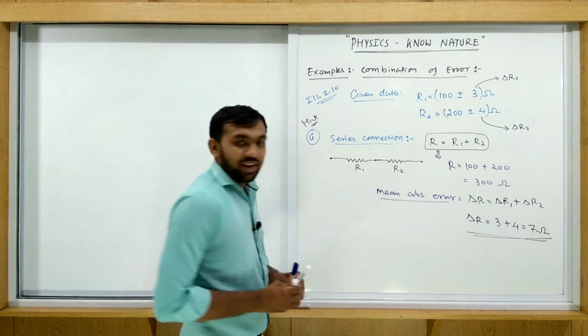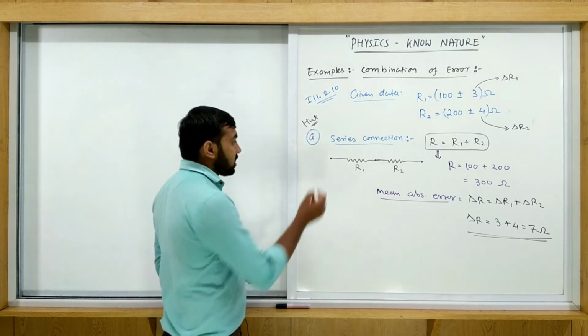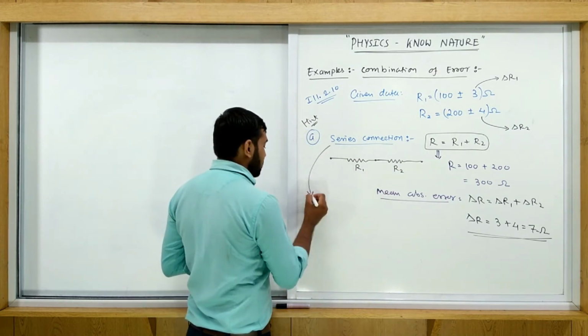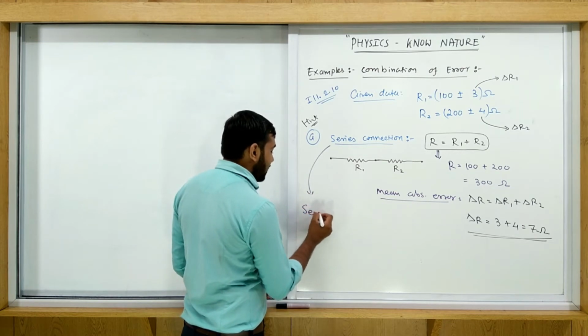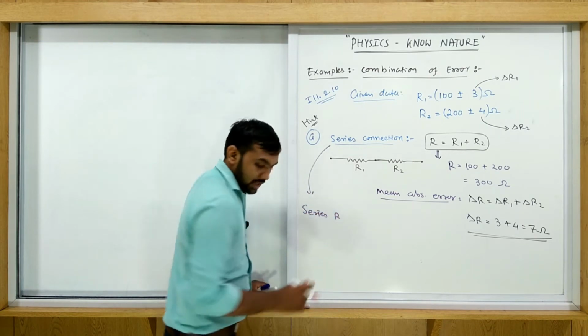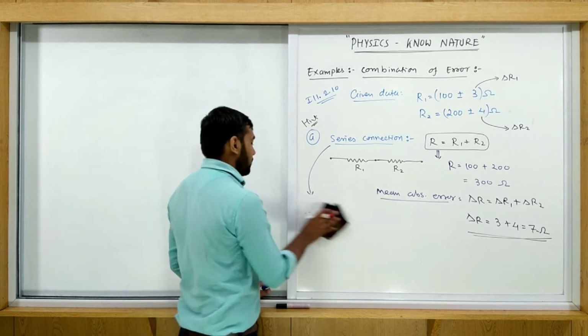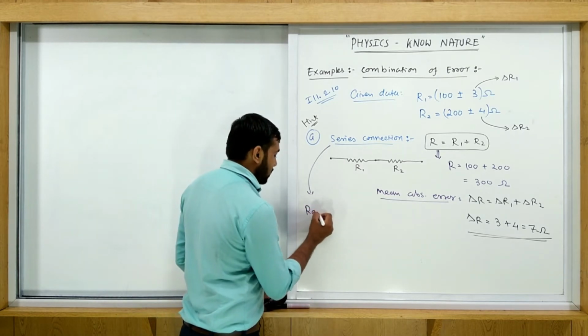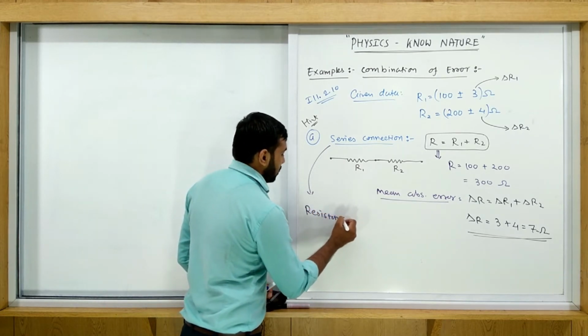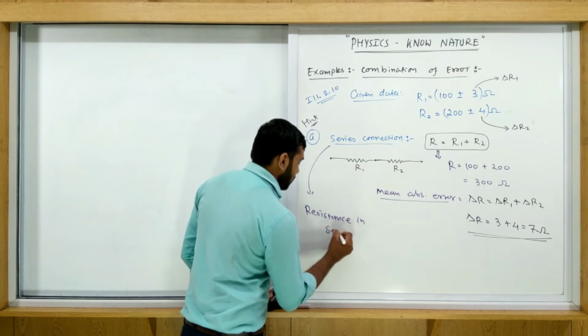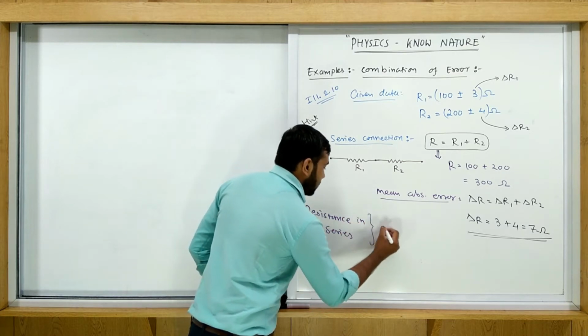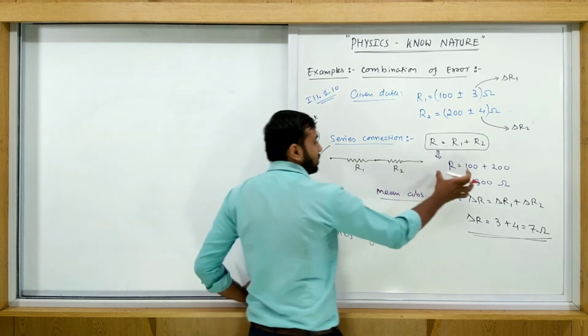So what is the final resistance in case of series? Let's write the resistance in series. RS is equal to this one.